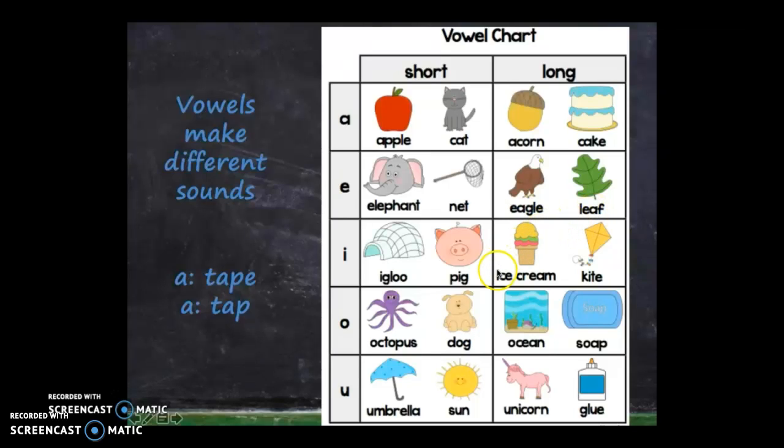The long I says I in ice cream, and the long I says I in kite. The long O says O in ocean, and the long O says O in soap. And lastly, we have our long U sound, which says U in unicorn. Do you hear it say its name there? And then it also says its name in the word glue.